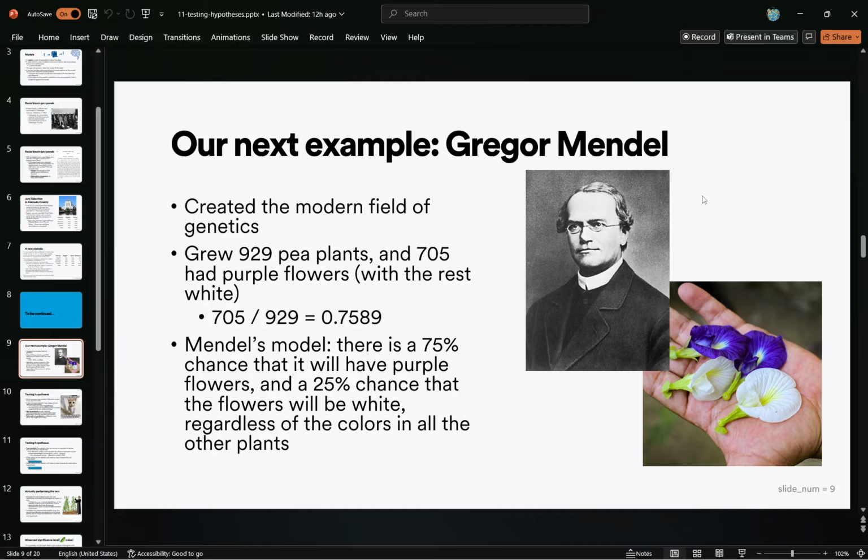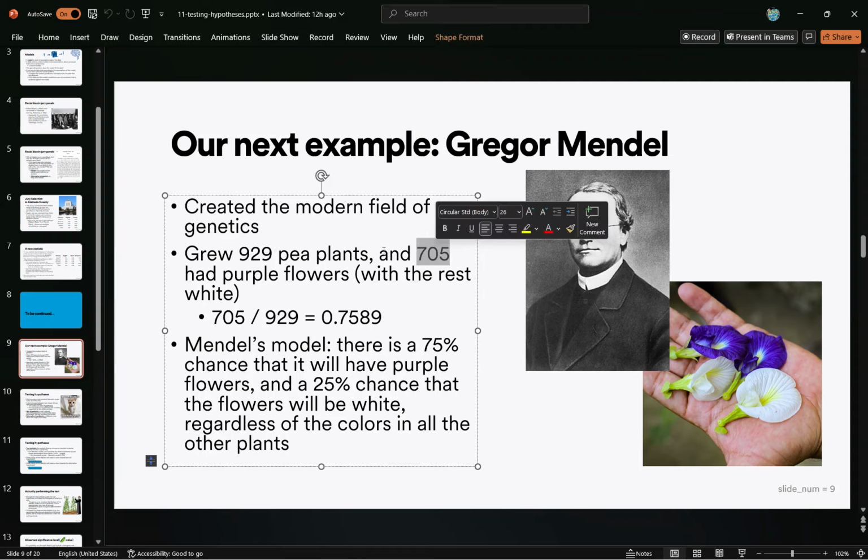All right, he was working with pea plants, and he noticed something was important about the flower color. This man grew exactly 929 pea plants. He was very methodical, and he noticed that 705 of those pea plants ended up with purple flowers, very pretty, and the rest were white.